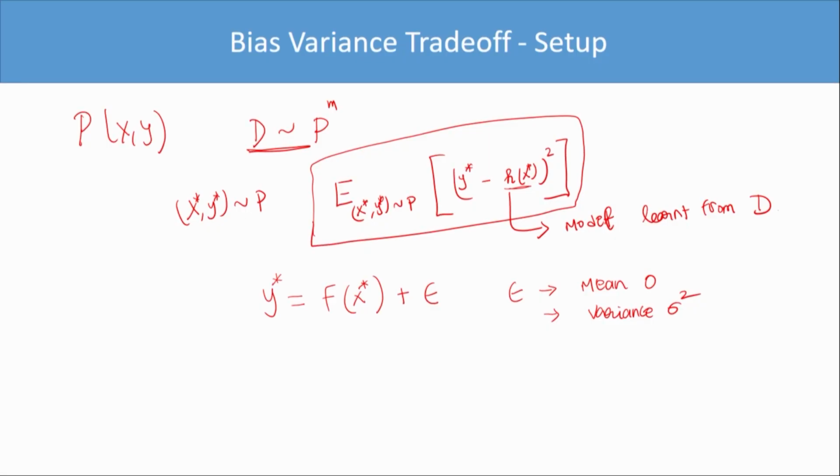So we will try to make this formal: we will look at this particular term and split it as a sum of 3 different terms. One will be called the bias related term, one the variance related term, and one the noise related term, right? And we'll see exactly how that splitting can happen.